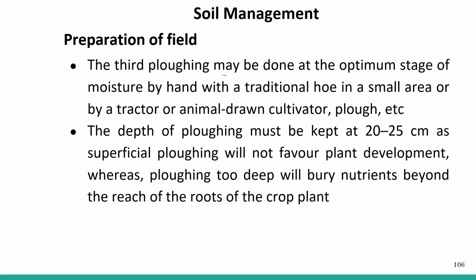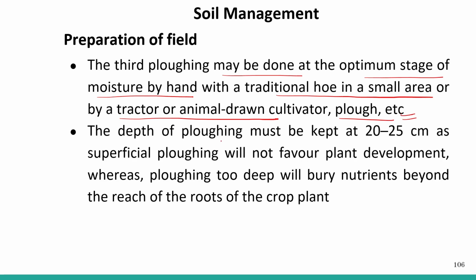The third plowing may be done at the optimum stage of moisture by hand with a traditional hoe in a small area, or by a tractor or animal driven cultivator, plow, etc. The depth of the plowing must be kept at 20 to 25 centimeters, as superficial plowing will not favor plant development, whereas plowing too deep will bury the nutrients beyond the reach of the roots of the crop plant.